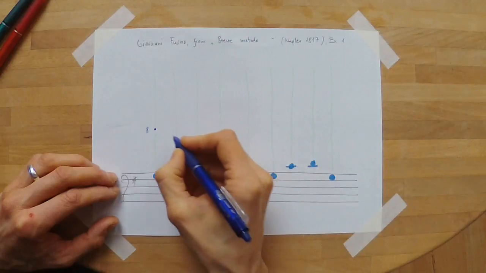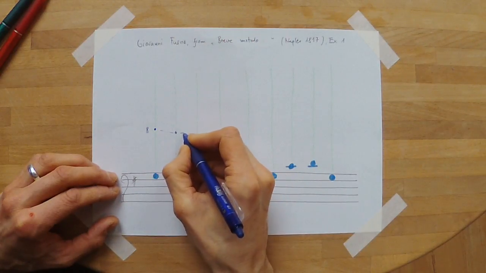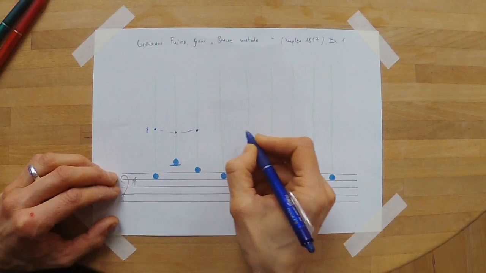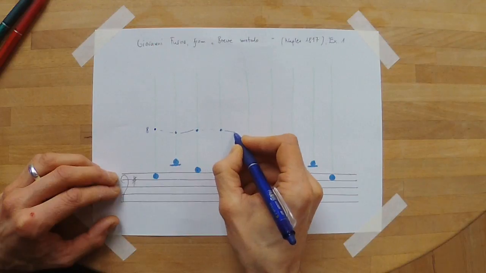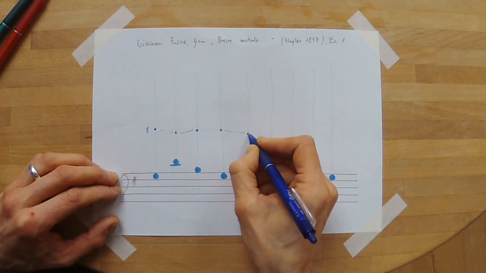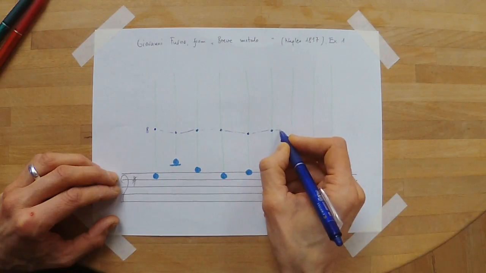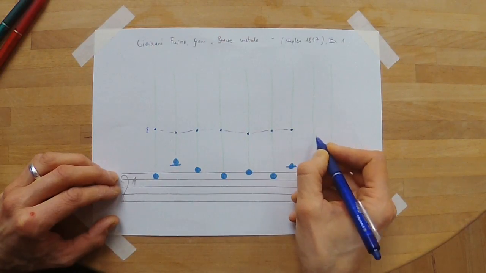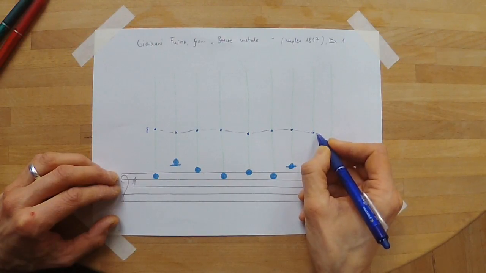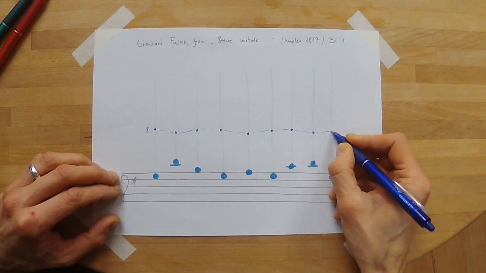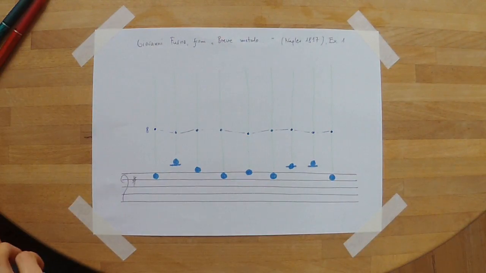So, octave, next, 3rd, 6th, again octave, 6th, octave, 5th, 3rd, and again octave. You can hear how already this creates a sense of harmony.